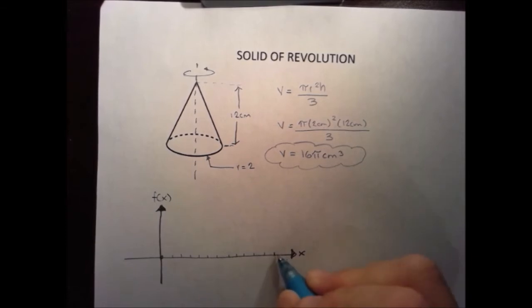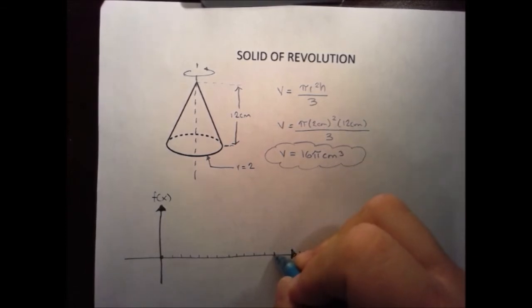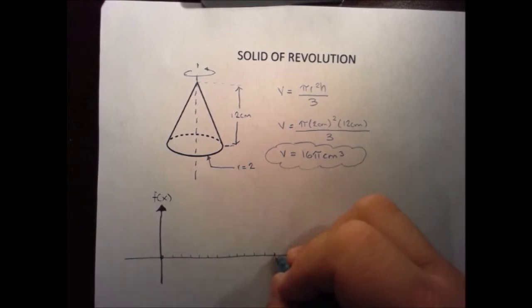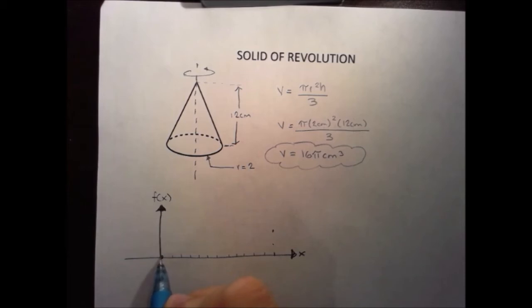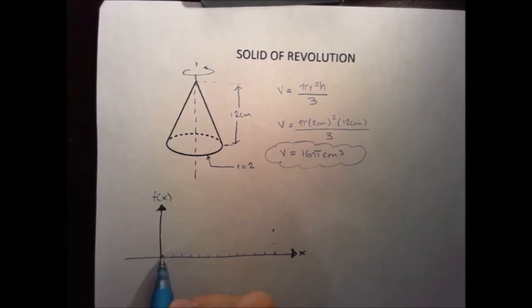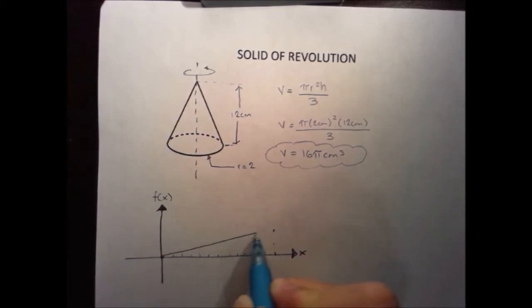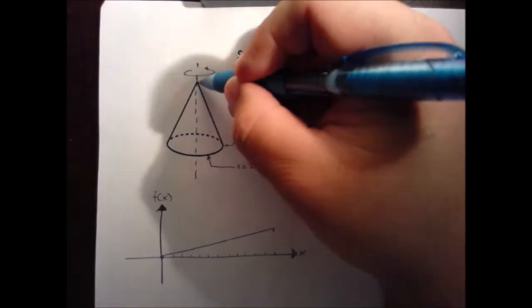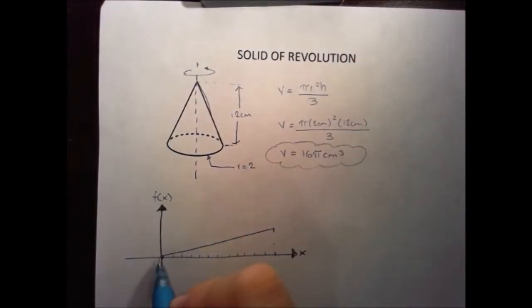Here, as you can see, we have a radius of 2, so I'm going to write over here 1 and 2. And then I'm just going to draw this little part that is going to be this one, this part of the cone.